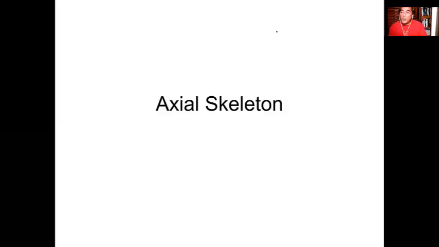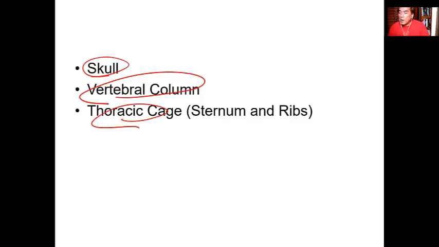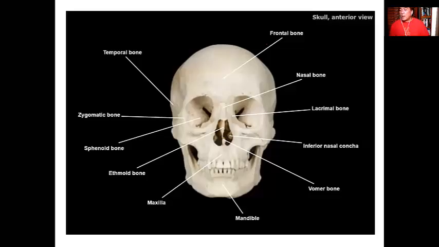Now, we're going to move into the skeletal bone. Remember, we did the skull, and then the vertebral column, and then the thoracic cage. We did sternum and ribs. Now, this is a sample of the skull that we have in lab. On the anterior view, identify your cranial bones, F-POT-S-E.